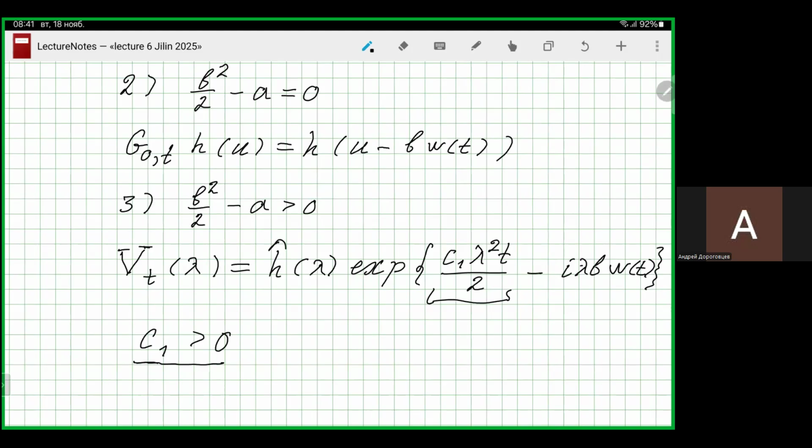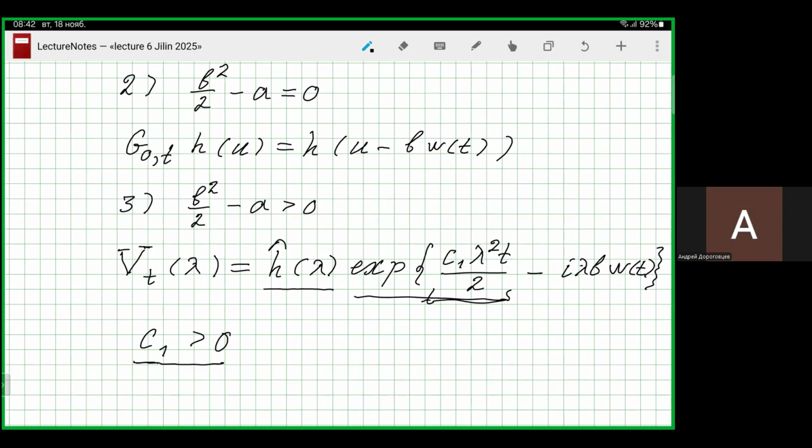Because of this, to have Vt of lambda be a good Fourier transform, we need some additional properties of h hat of lambda. For example, of course, if h hat decreases at infinity faster than this exponent in this power, then one can get a solution.